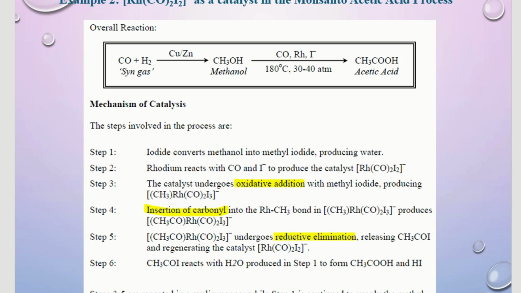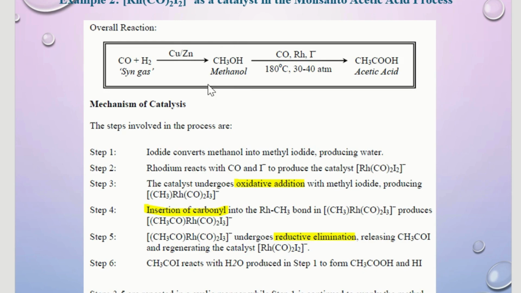As you can see from the overall reaction, a mixture of CO, carbon monoxide, with hydrogen gas, which we call syngas, goes through a copper and zinc catalyst to produce methanol.